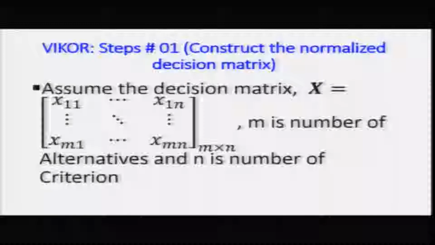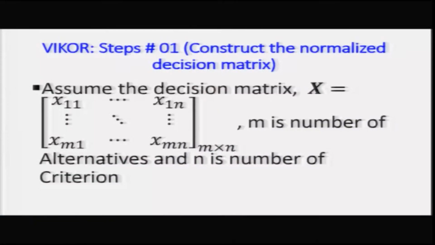So, we will consider the matrix. The first row would be x11 to x1n, where 1 to n are the criteria, and 1 to m along the rows are the alternatives. So, x11 to x1n actually means the effect on alternative 1 by the respective values of criteria 1 to n. Similarly, the second row, x21 to x2n, would be the corresponding effect on alternative 2 by criteria 1 to n.